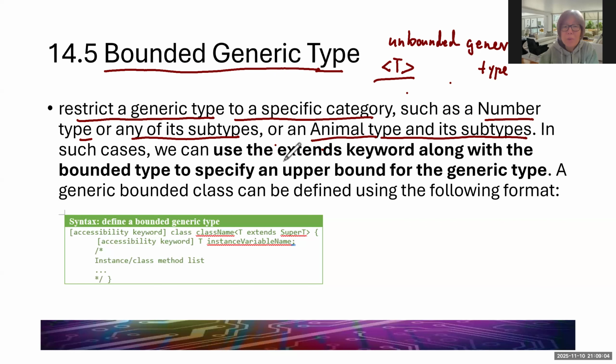In this case, there is another keyword we need to use, extends. With this, it's a bounded type to specify an upper bound. So here we specify the upper bound. The syntax over here is a little more complicated than the previous unbounded type. You can do T extends, and you specify some supertype. Like Animal, you can do T extends Animal.